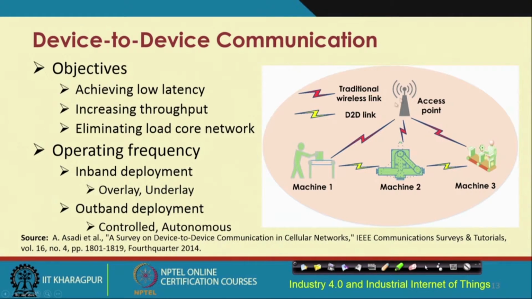Traditionally what would happen is the machine 1 would send the data or the packets to the access point, and from the access point it is going to come to the machine 2. So, instead of doing a roundabout kind of way, this direct machine to machine communication takes place. So, the overall objective is to reduce the latency, increase throughput, and eliminate load onto the backbone network, the core network.